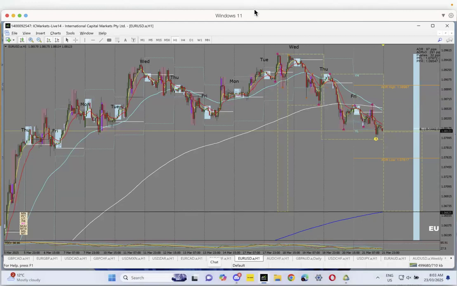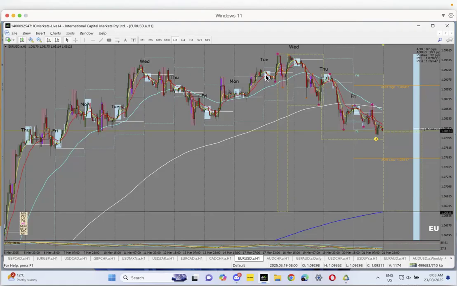Right. So that's what we expect. Okay. So it's good to use these tools, guys. 291 pips can tell you how far the market will go. So it's good to use it to gauge how far the market will actually move.